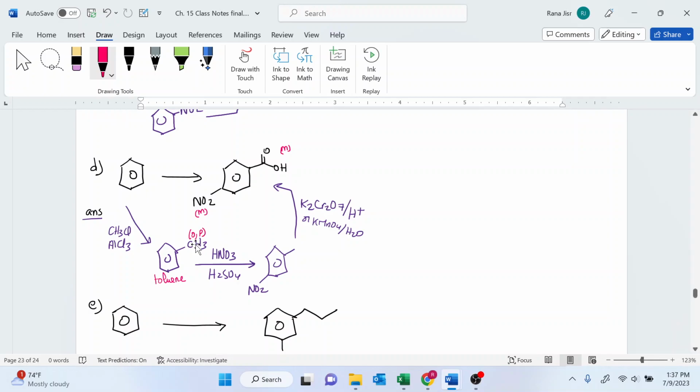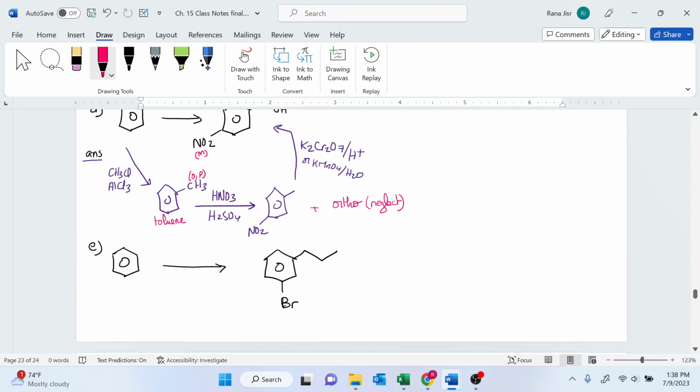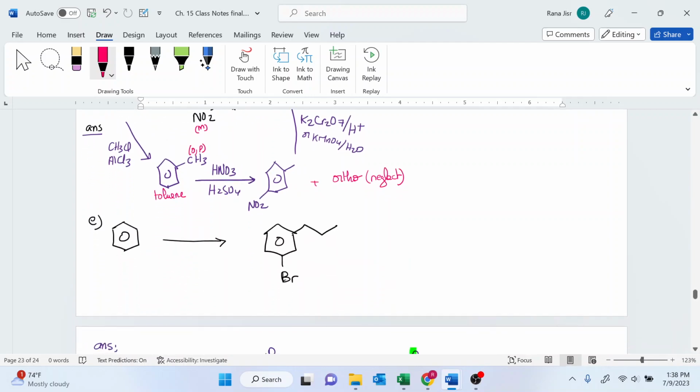Do the nitration and get your nitro on the para position. You will have the ortho isomer, but you can neglect that. Okay, you can simply isolate, neglect that, and then you can do the oxidation of the CH3 and turn it into a carboxylic acid.